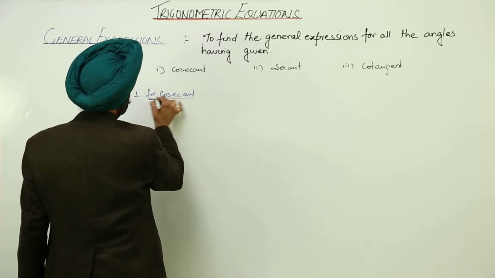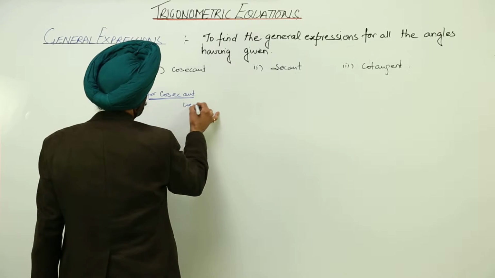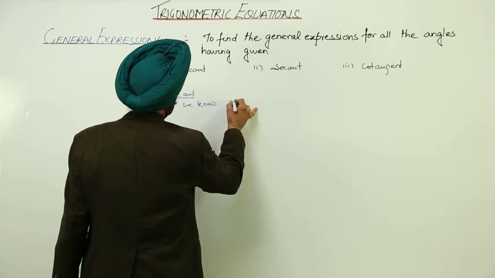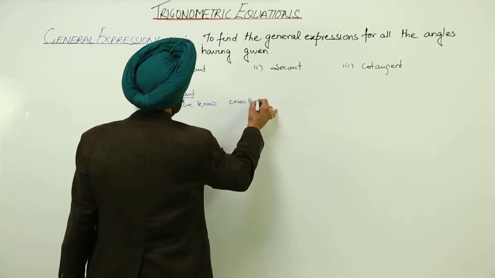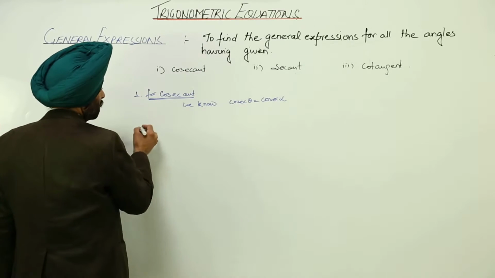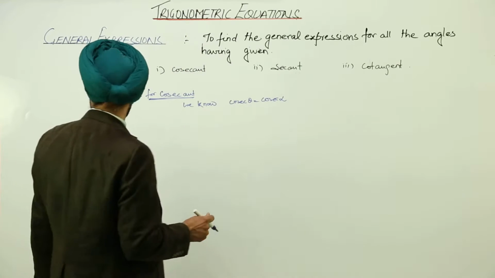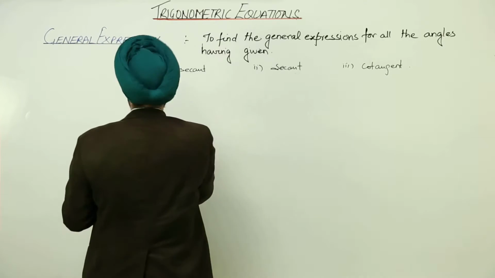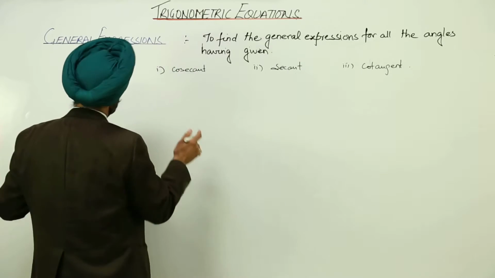Now number 1, for cosecant. We know cosecant theta is equal to cosecant alpha. Just to utilize the space, I am just starting from here.